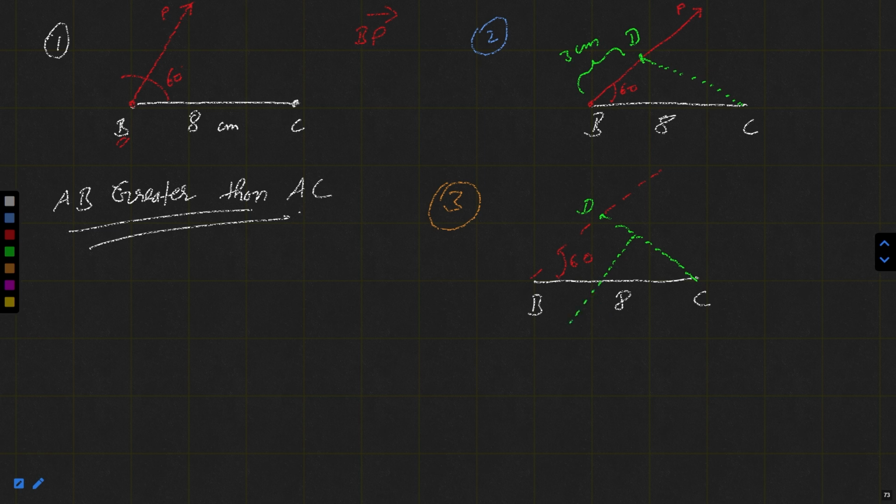The perpendicular bisector will look like this, and this point I am naming O. Because it is a perpendicular bisector of DC, that means DO is equal to OC, because a perpendicular bisector cuts a line segment into two equal parts, and the angle is also 90 degrees. So this angle is 90 degrees. I hope this is clear.